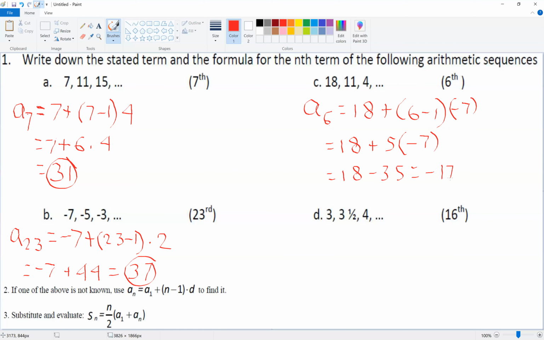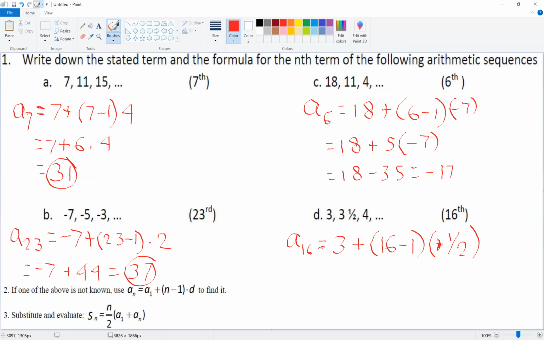Okay, Samantha, number D. So the d is 1/2. So what I did was A16 equals 3 as the first one, plus 15, so 16 minus 1, and multiplied by 1/2.